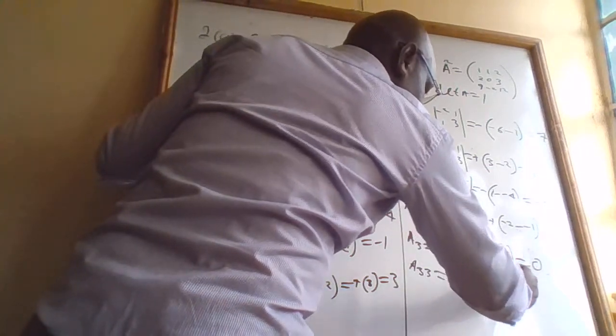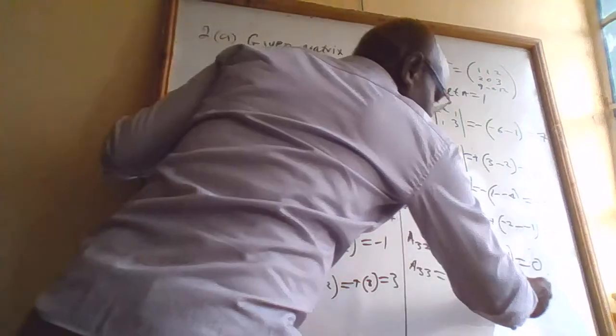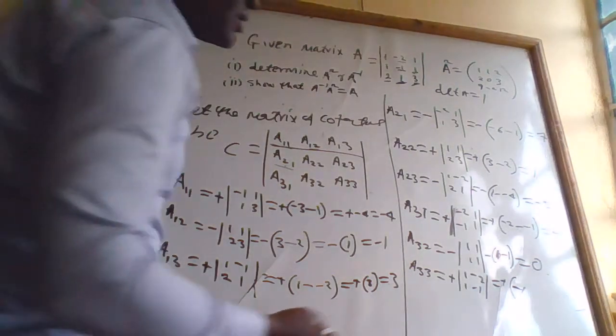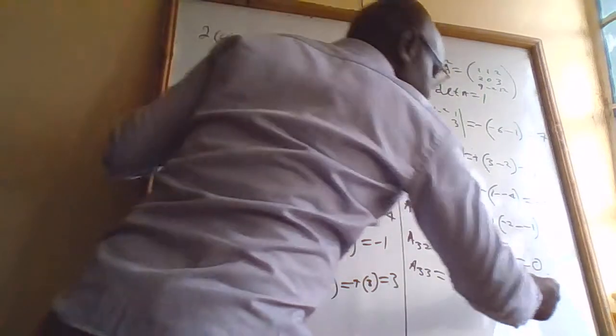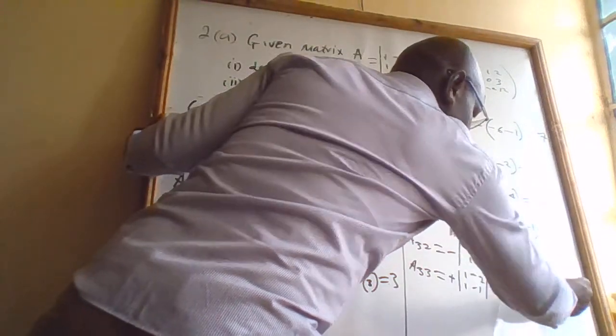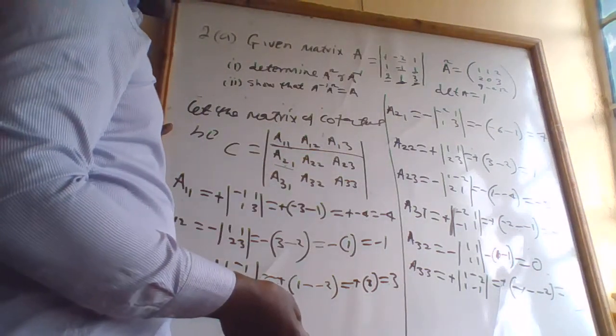So this equals plus negative 1 times 1, we have negative 1, then minus 1 times negative 2, we have minus 2. So negative 1 plus 2, we have 1. So this will be 1.